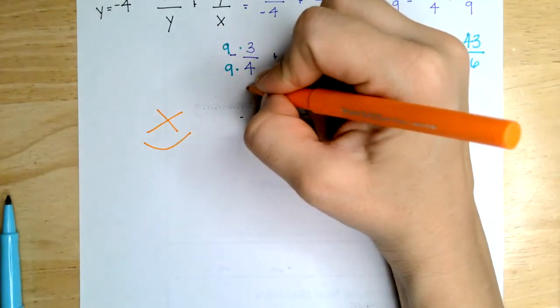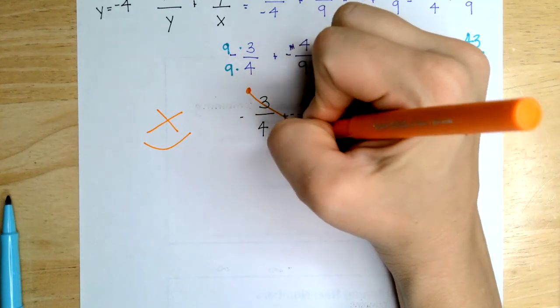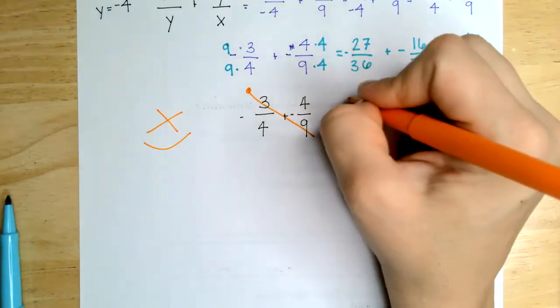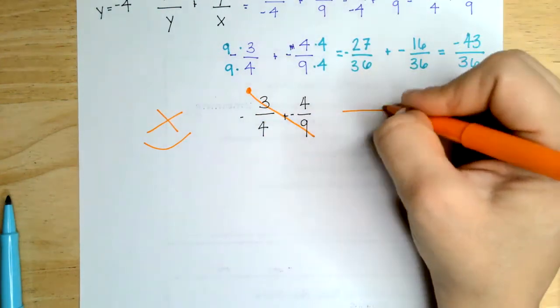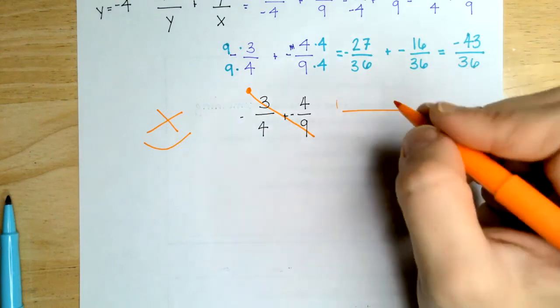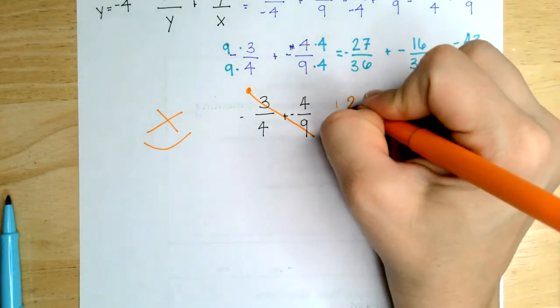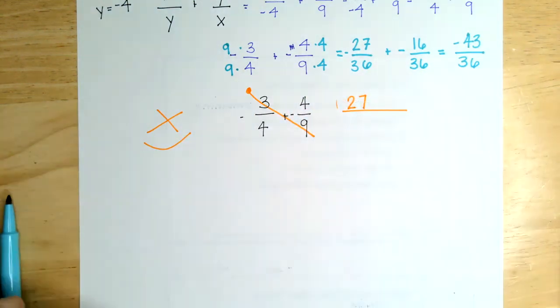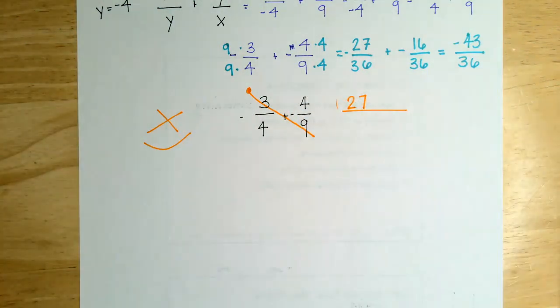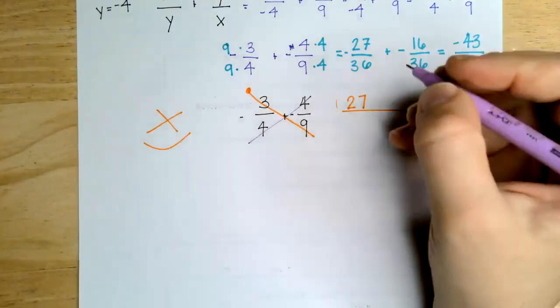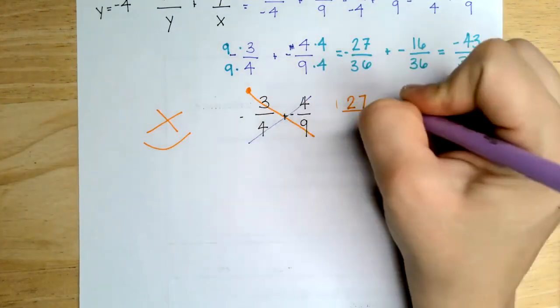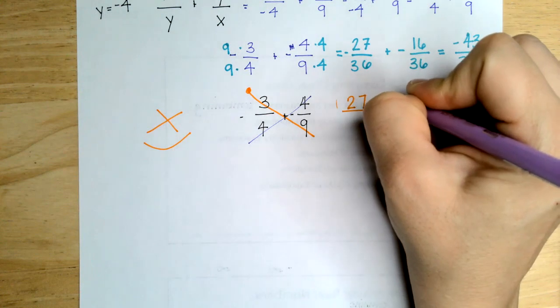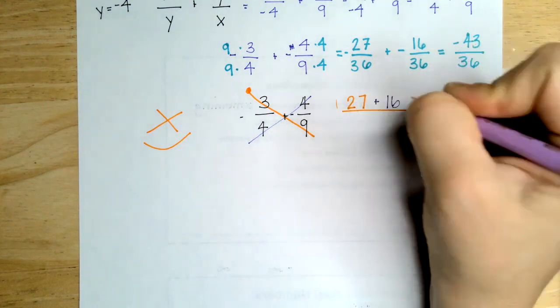We always start up here. We're going to say 3 times 9, and we're going to put that here. So 3 times 9, like we said, is 27. And then we're going to go here. 4 times 4. We're going to use that plus sign. 4 times 4 is 16.